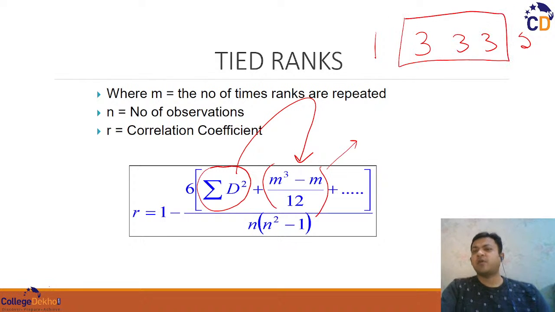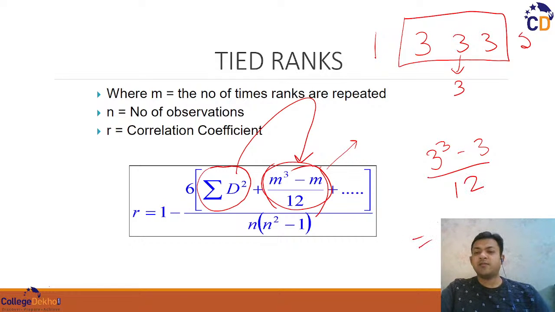These three are found to have the same rank. How many times has the rank been repeated? Three times. So this term becomes 3 to the power 3 minus 3 over 12. That becomes 27 minus 3, 24 divided by 12, and it comes out to be 2. Any questions?